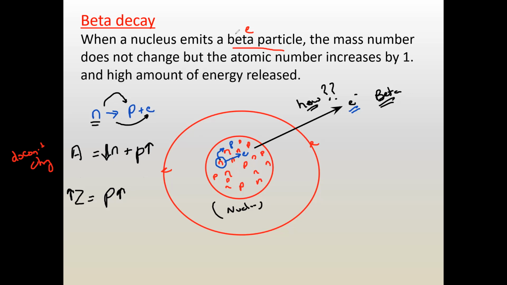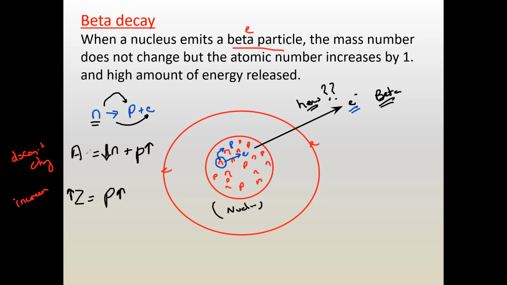So whenever there is a beta decay, the proton number will increase because one of the neutrons breaks into a proton and an electron. So the proton number increases, and due to the increase in proton number, the atomic number increases.